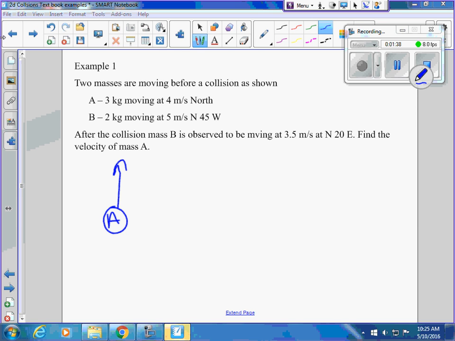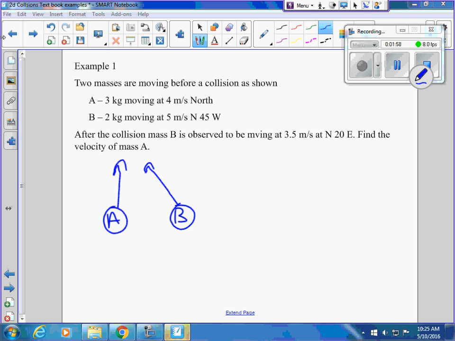A is moving straight north, just to make it a smidge easier, and B is moving at north 45 west, like this. Normally I put in the amounts right there, but remember, these are actual momentum vectors.